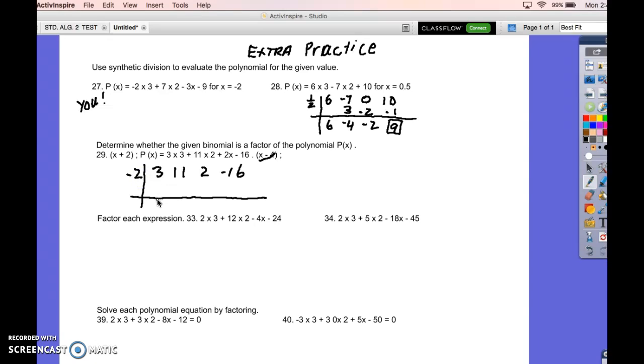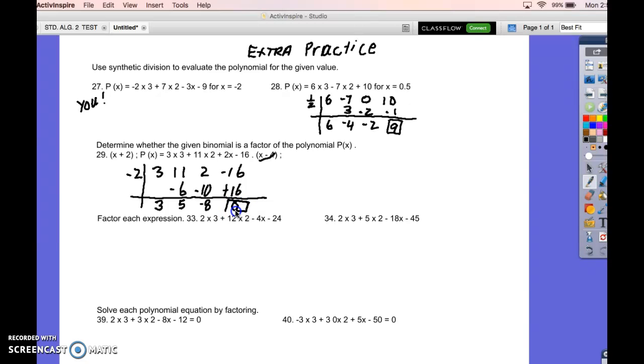And now we get into the synthetic. Bring down the 3, multiply it by negative 2, we get a negative 6. Add, we get a positive 5. Multiply negative 2 by 5, we get a negative 10. We add, we get a negative 8. We multiply negative 2 by negative 8, and we get positive 16. You might say, you're positive about that? Yes, I am. And now, when we do negative 16 plus 16, we get 0.